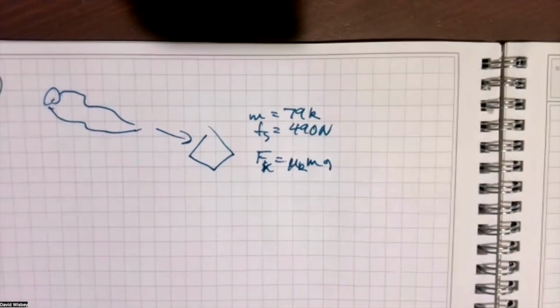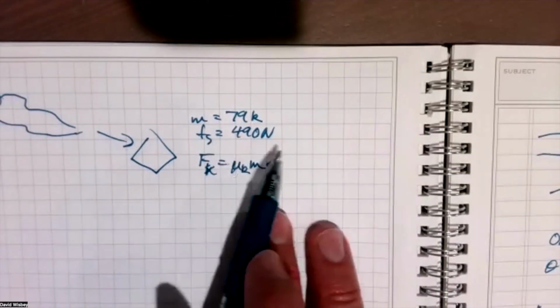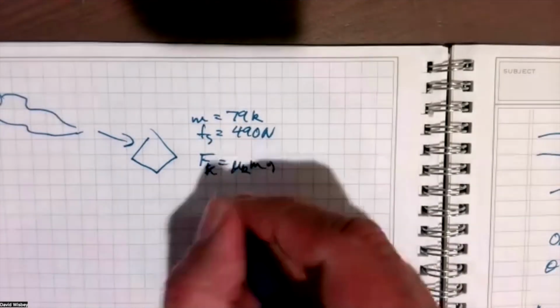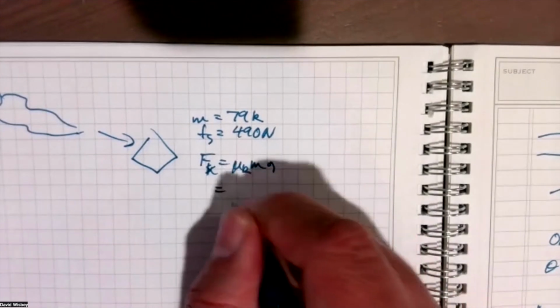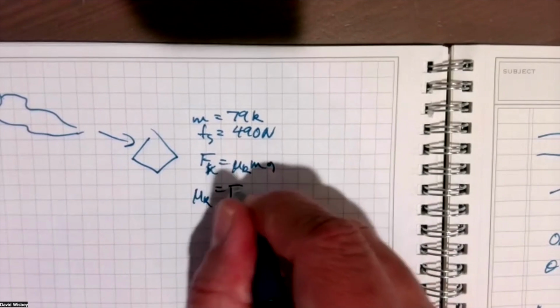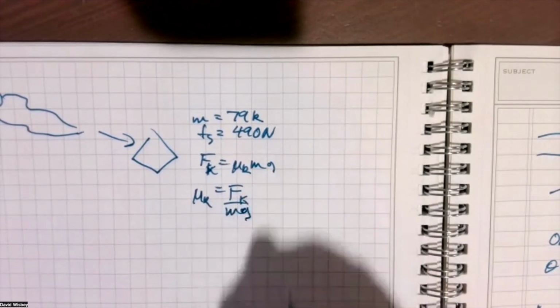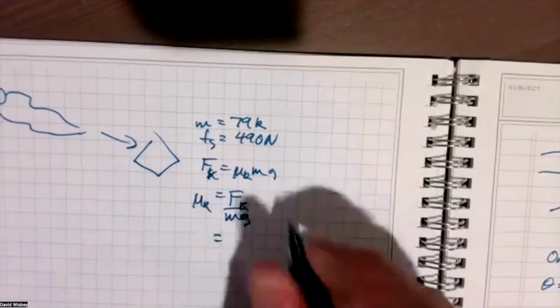That's exactly right, Lily. So we can solve for mu_k now because we know everything else. We know what g is, we know what m is. So mu_k is going to equal F_k divided by m times g. And I will put the numbers in here.